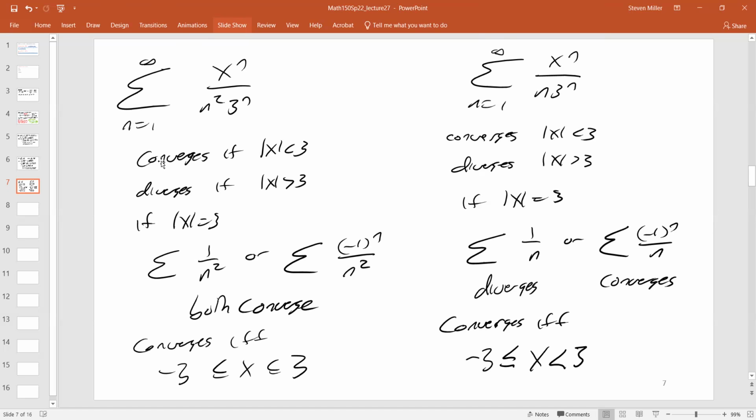Now for this problem, I don't really need to use the ratio test. When I'm looking at this, it's screaming, compare it to the geometric series with ratio x over 3. And that will be larger. So if I'm trying to get convergence, I'm going to be fine. Interestingly, if I move the n squared up to the numerator, it would still converge if the absolute value of x is less than 3.